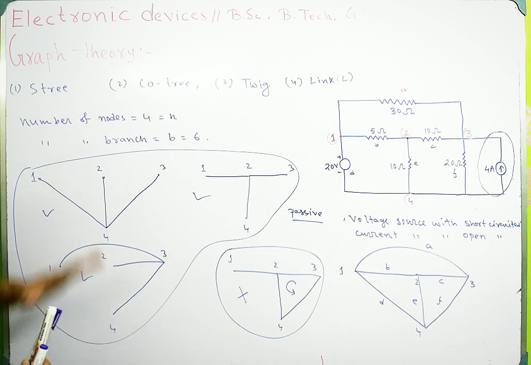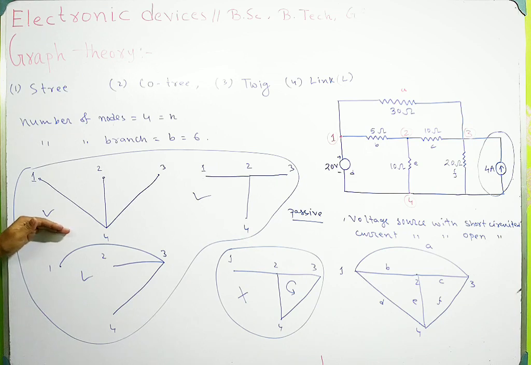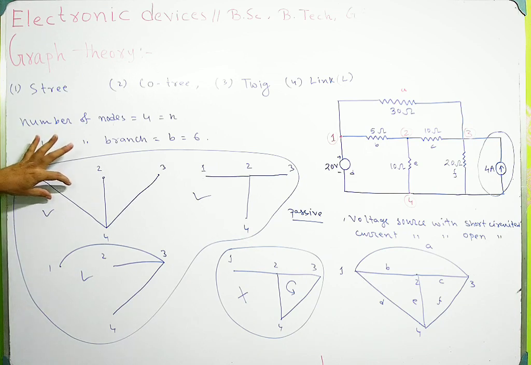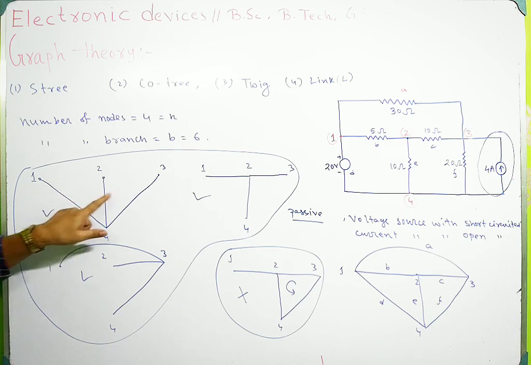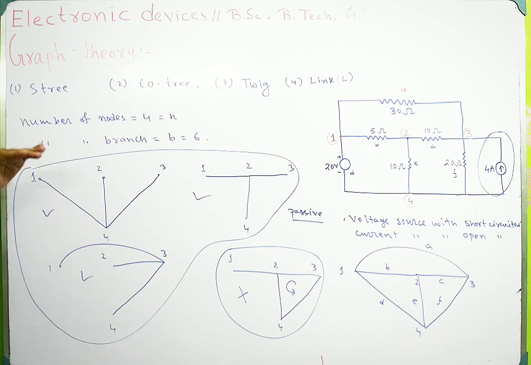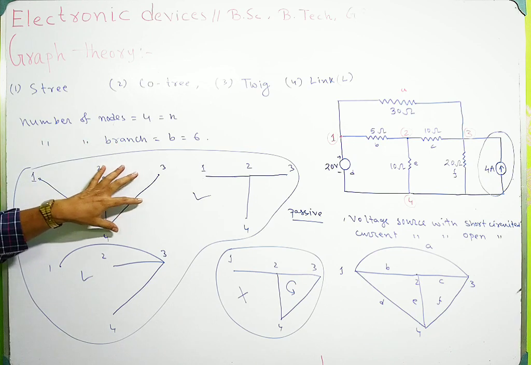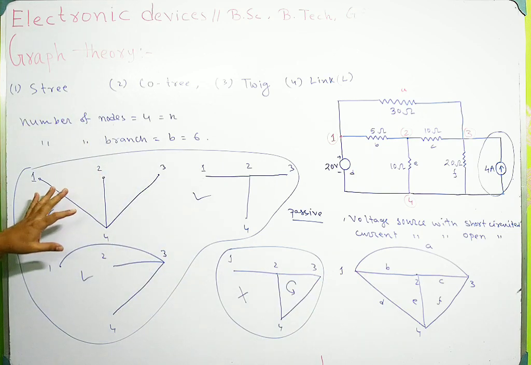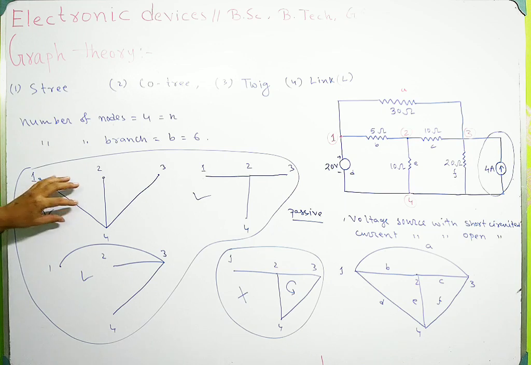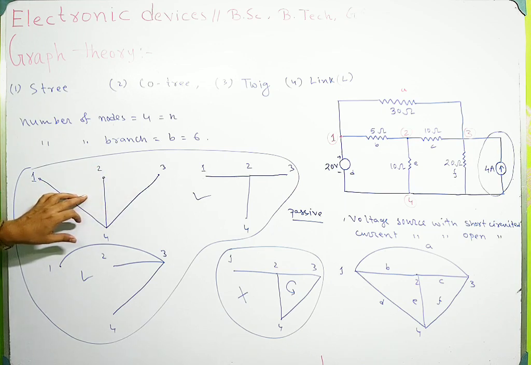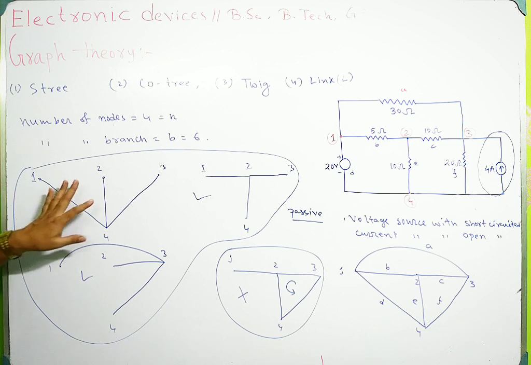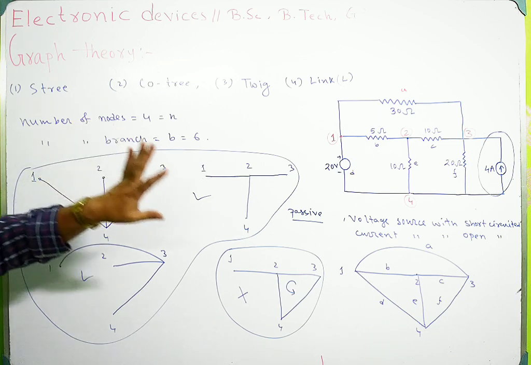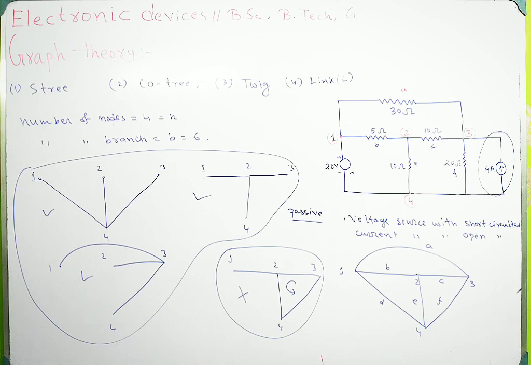So what is the tree? Tree is the collection of minimum branches connecting all the nodes of the graph. So what is this tree? Tree is the collection of minimum branches connecting all the nodes of the graph, which is called a tree.